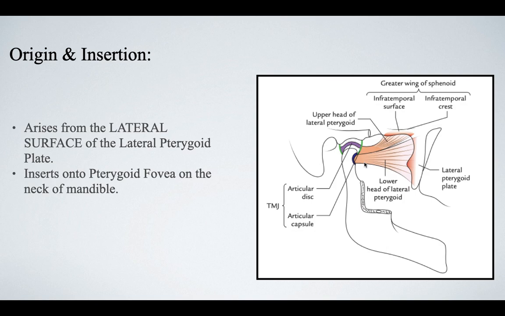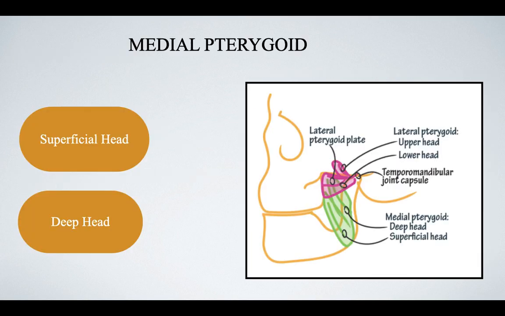One important thing about this muscle is this is the most commonly affected muscle in myofascial pain dysfunction syndrome. Medial pterygoid. This is also quadrilateral in shape, consisting of superficial head and deep head.